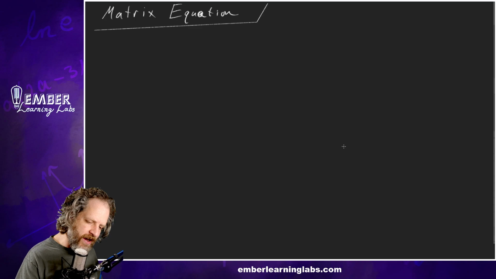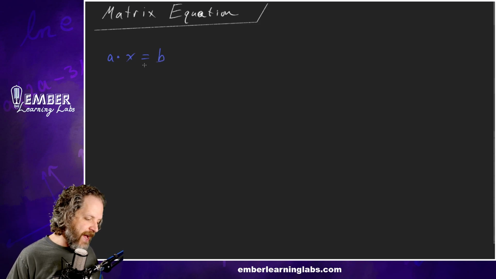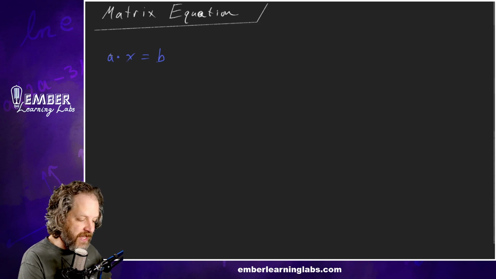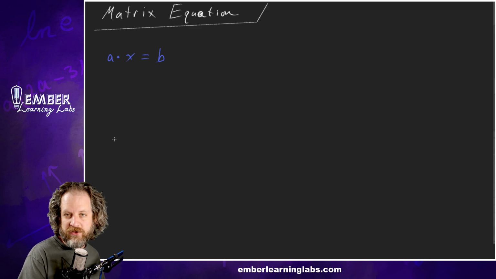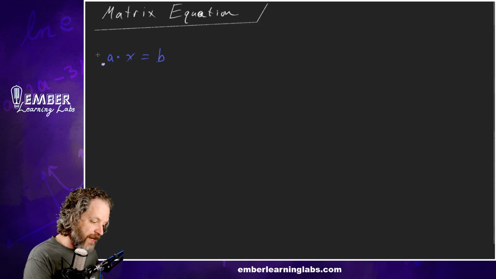If I have A times X equals B, and I want to solve for X, I need to get rid of this A. It's multiplied on here, so I multiply by its multiplicative inverse, 1 over A, on both sides.